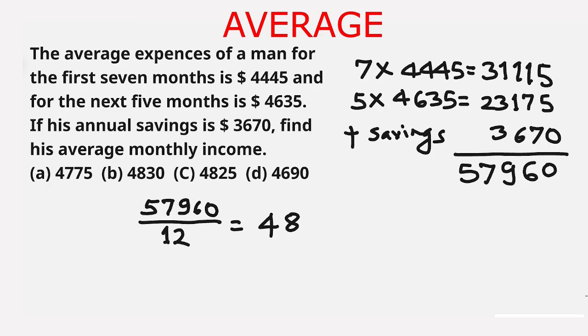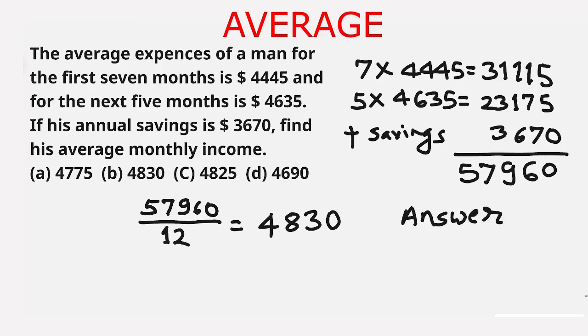We carry 3, it becomes 36. 12 times 3 is 36. 36 minus 36 is 0. And we carry 0. 12 divides 0 for 0 times. So it becomes 4,830.